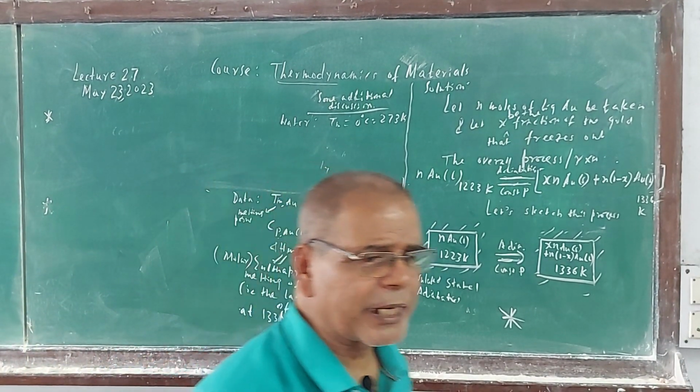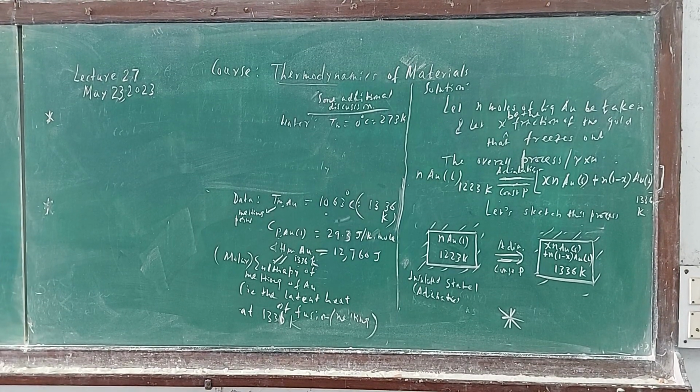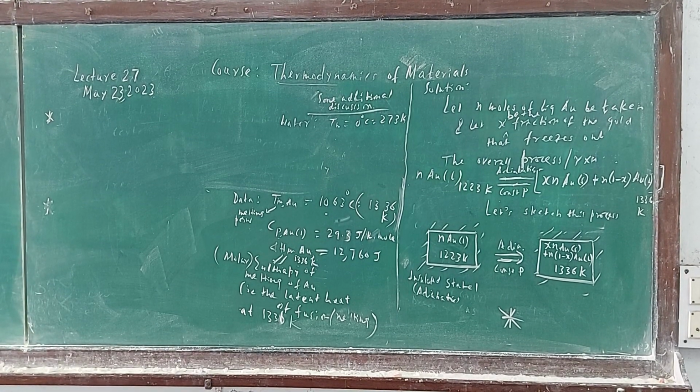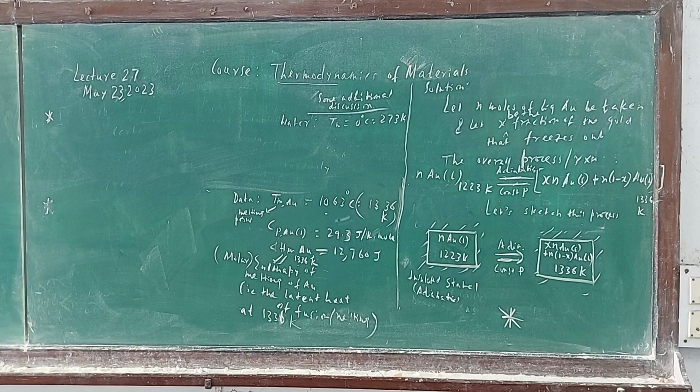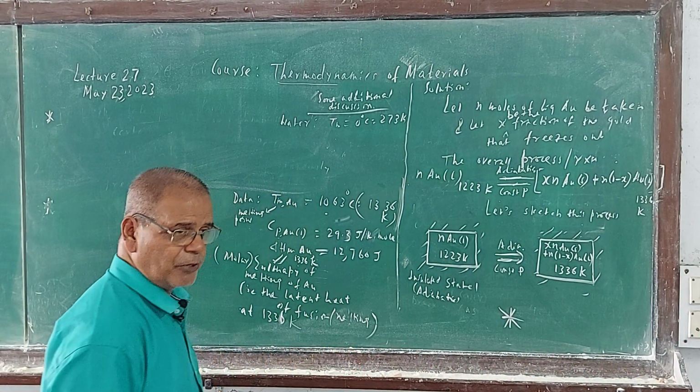What is the freezing point of water then? Melting point is 0 degree, everyone agrees. What is the freezing point of water? 0. So the freezing point is the same as the melting point.